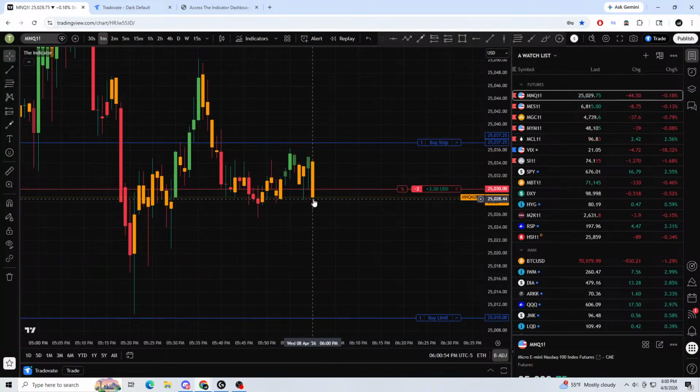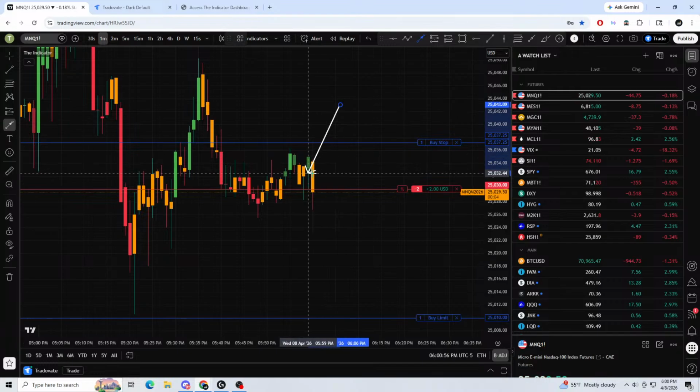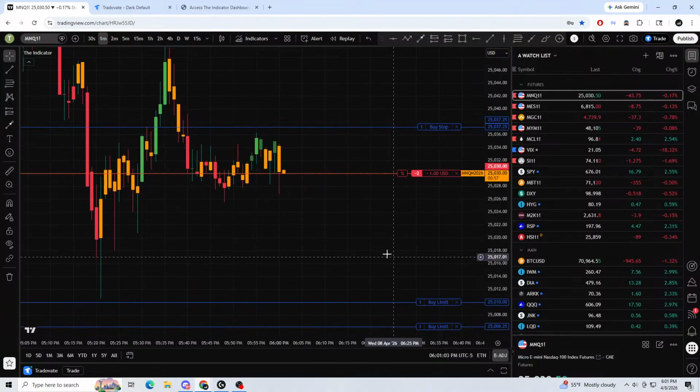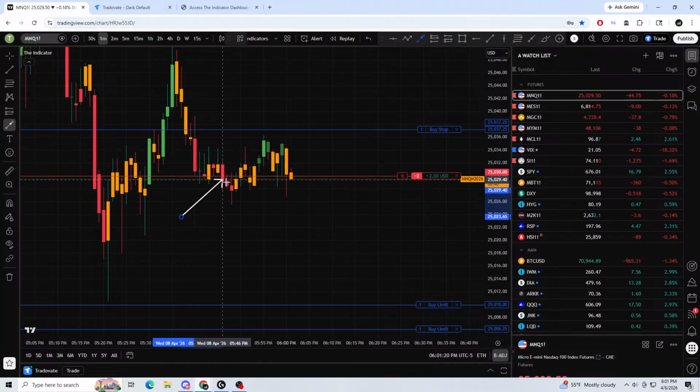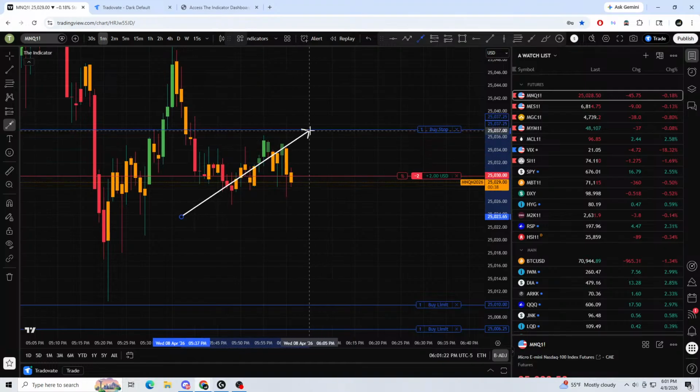Now, notice here we get this little spike down. We're showing this orange candle. So it was trying to be bullish, and now it's not. Again, the market's not really primed for anything, right? The only reason I'm short is because of this bearish momentum here, and my stop has just kept me in the trade.